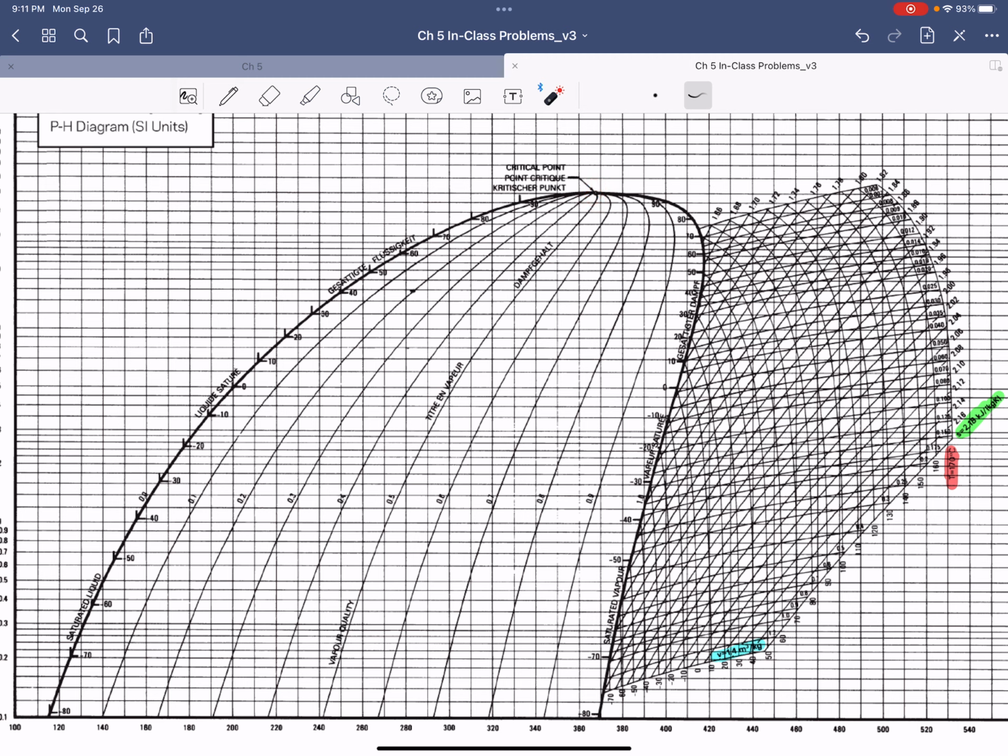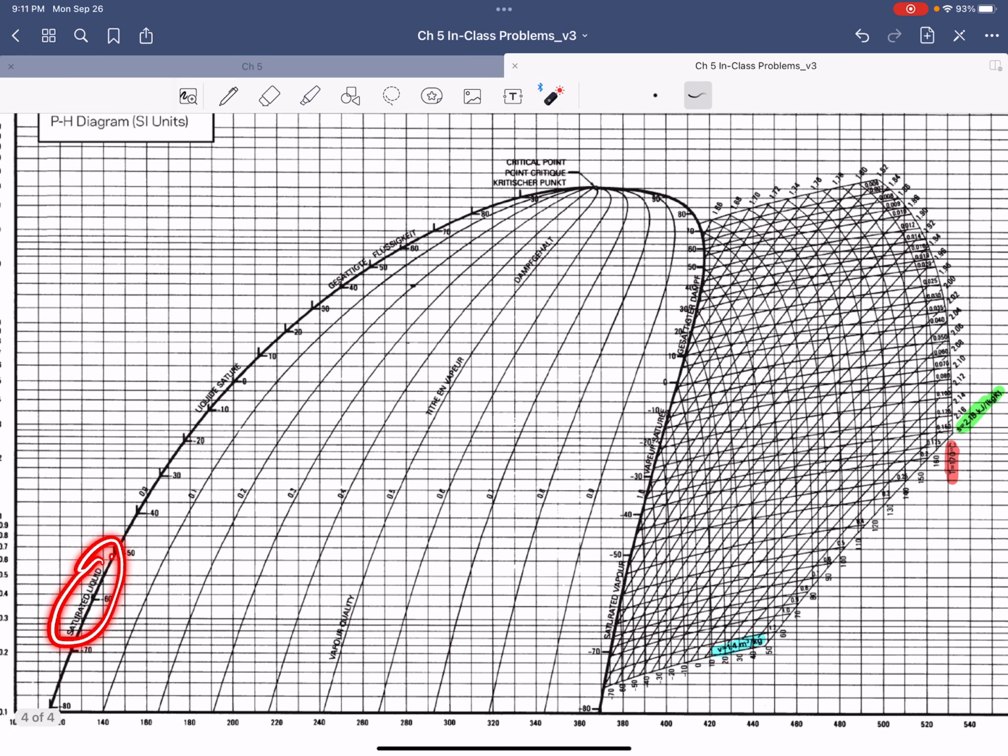But on this arc, everything that's to the left, that sits on the outermost part of this arc, corresponds to the properties of the saturated liquid refrigerant. Okay? While everything on the right side of this arc corresponds to the saturated vapor.